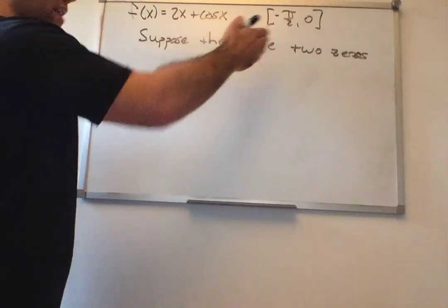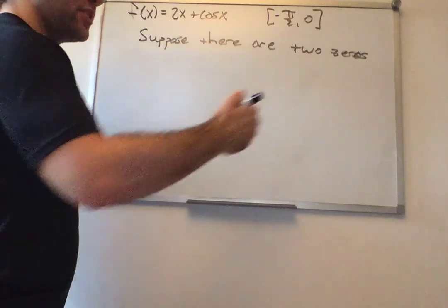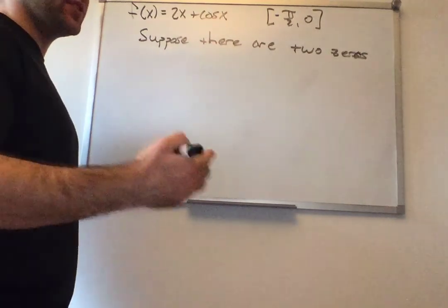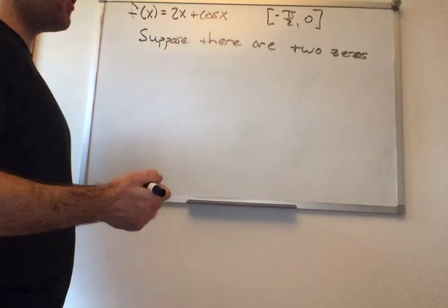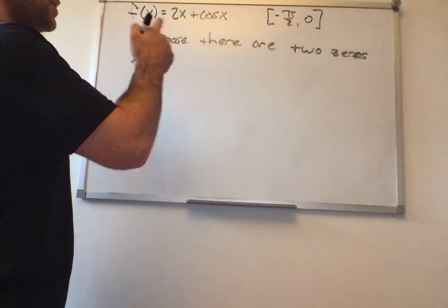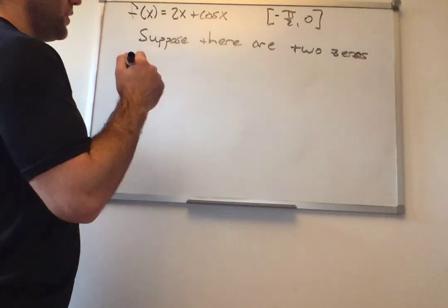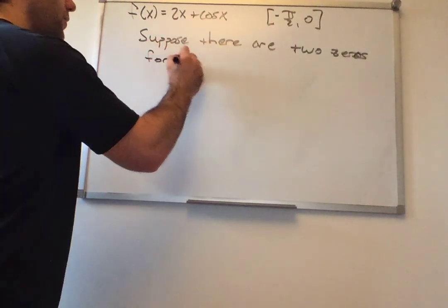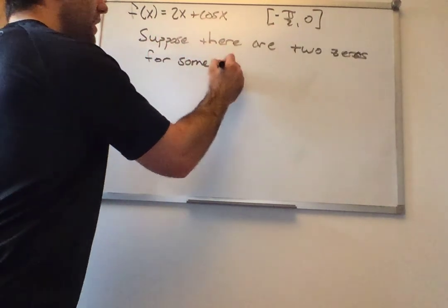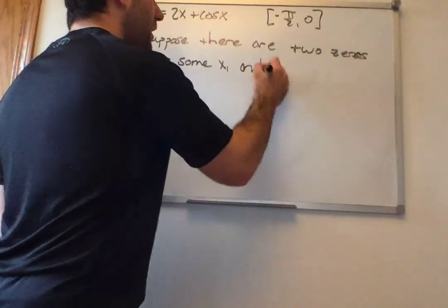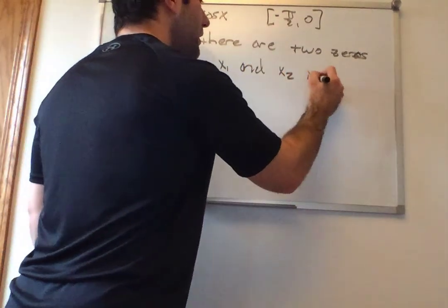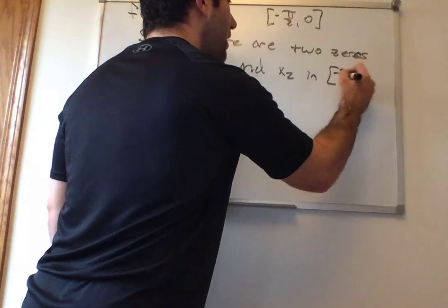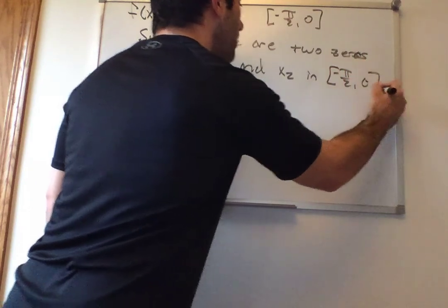So if there's not 2, and you extend it out to 3, there's not 3 or 4 or 5 or 6, there has to only be 1, okay? So suppose that there are 2 zeros, for some x1 and x2 in the interval negative pi over 2, comma 0.